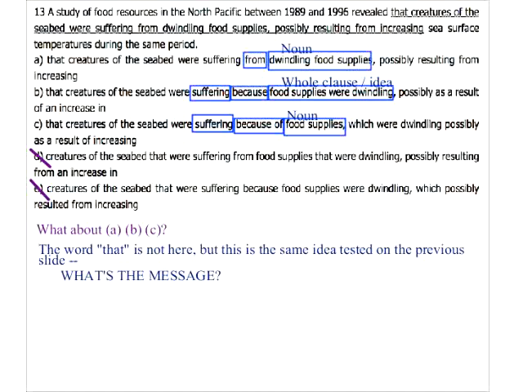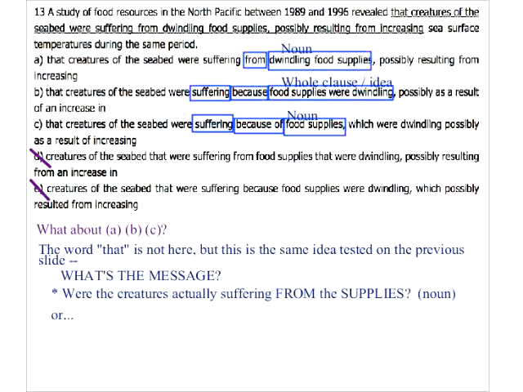So, were the creatures actually suffering from the supplies, which would be the noun, or were they suffering because of the idea contained in that clause? Were they suffering because the supplies were running down? If you realize this is the issue, it's probably pretty clear which way this one goes.